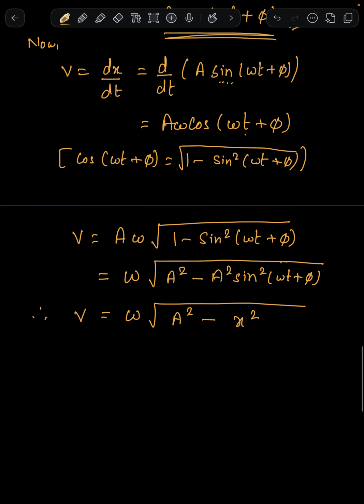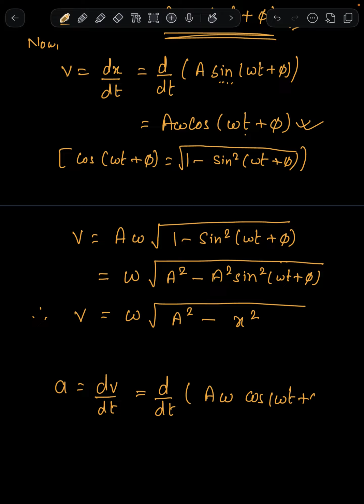Similarly, acceleration is dv by dt. So derivative of velocity, and velocity is a omega cos omega t plus phi. The derivative of cos is sine. When cos changes to sine, there is minus, and since omega is coefficient of t, omega comes outside.